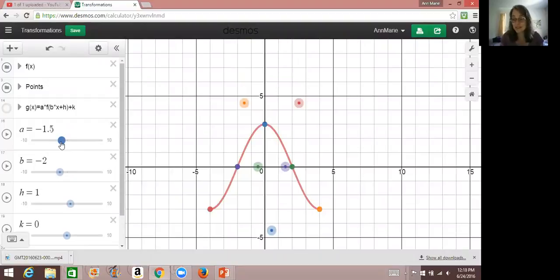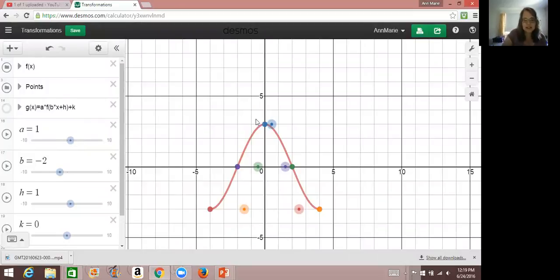Okay, that's my vertical stretch. So it took all of my y coordinates and multiplied them by 1.5. But it was all of my y coordinates relative to what I had in the last step, which actually were my originals, right? So if we put my A back to 1, notice to this point I hadn't moved anything up and down. I had only affected the horizontals, so only the x coordinates.